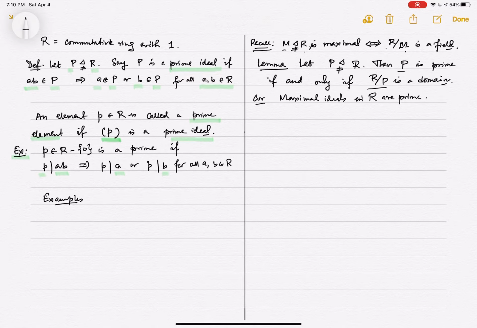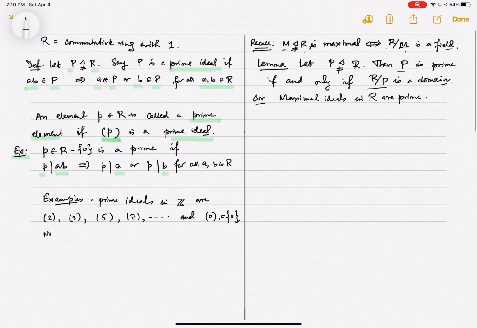So in Z, prime ideals in Z are the ideals generated by the prime numbers, and I think I missed saying this last time, the zero ideal. So in fact, notice the zero ideal is prime if and only if R is a domain.